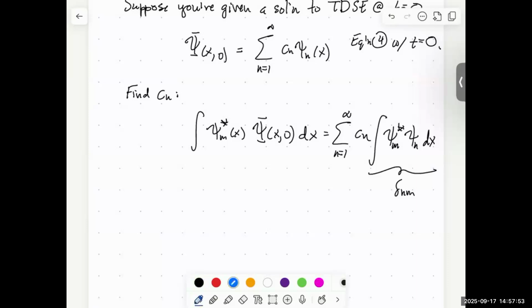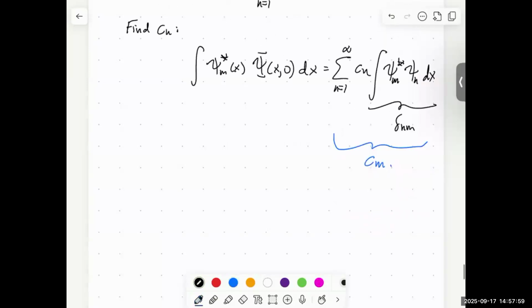So all of this is just Cm. And so we could write down again, instead of f of x, the coefficient for our full wave function at time t = 0 is given by this expression.